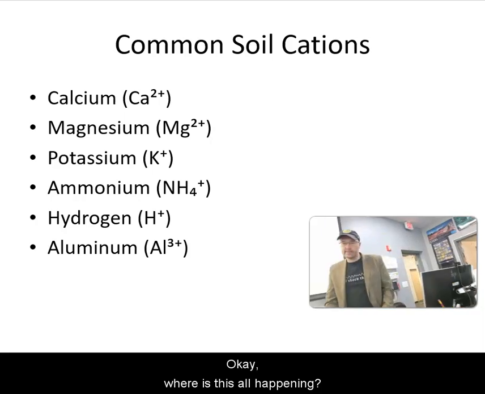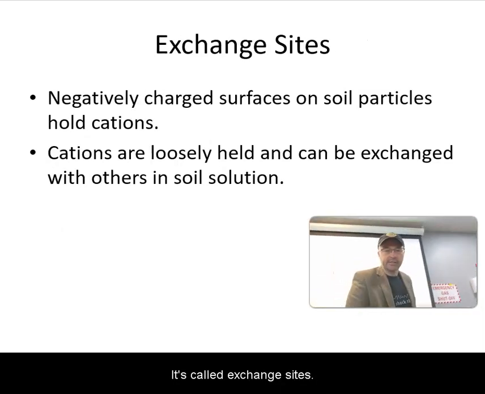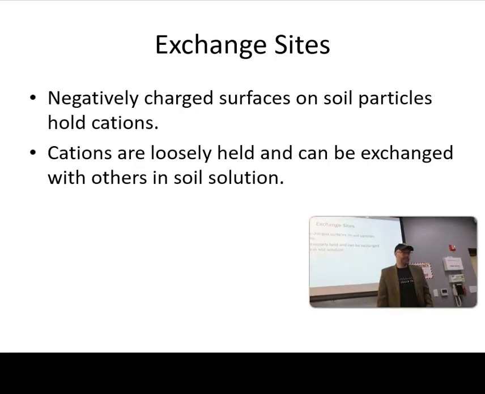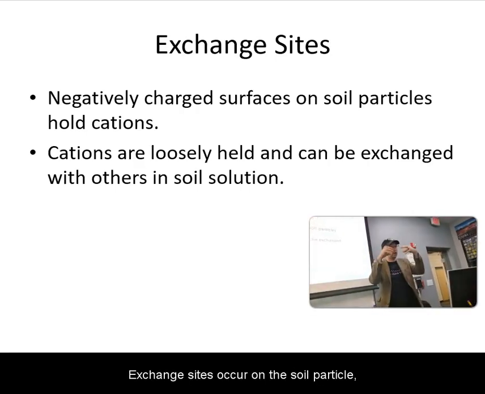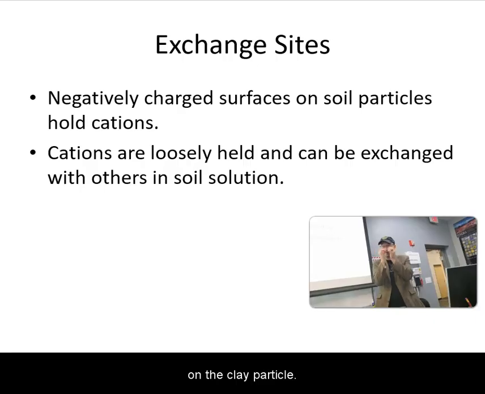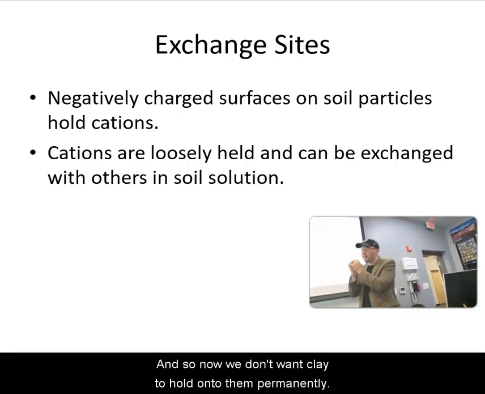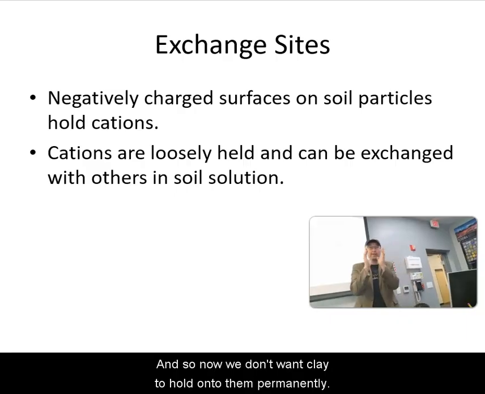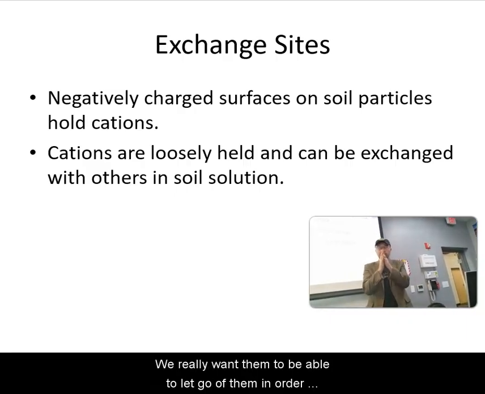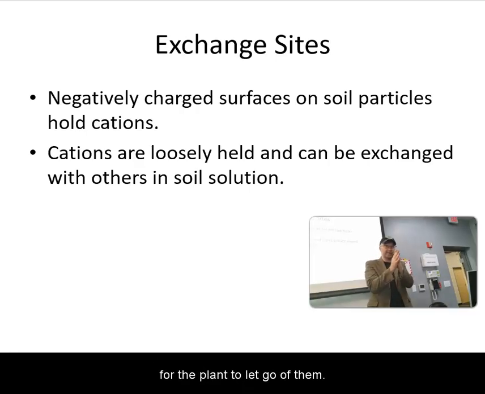Okay, where is this all happening? It's called exchange sites. Exchange sites occur on the soil particle, on the clay particle. Now we don't want clay to hold on to them permanently. We really want them to be able to let go in order for the plant to take them.